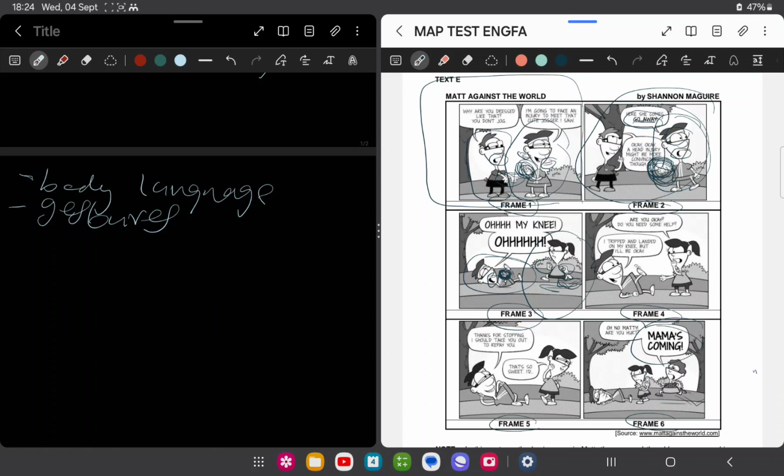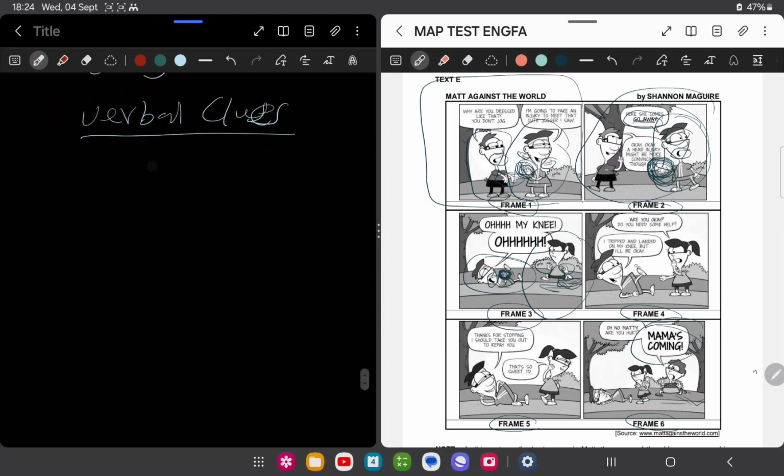Okay, let's move forward. Then let's talk about the verbal clues. How to be able to understand or to decode verbal clues in a cartoon. Verbal clues relate to written text.